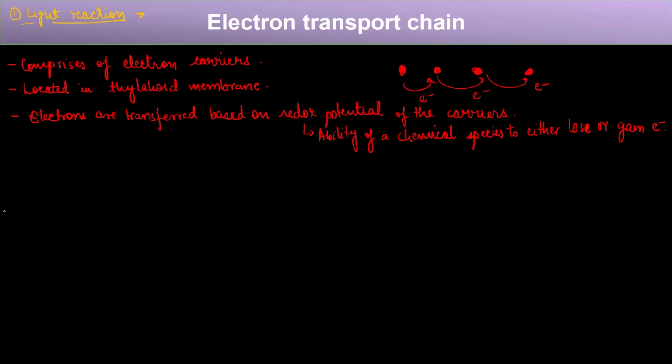So if a chemical species has high redox potential, and by chemical species I mean chemical compounds, we'll come across some here, say cytochrome, what does high redox potential mean?